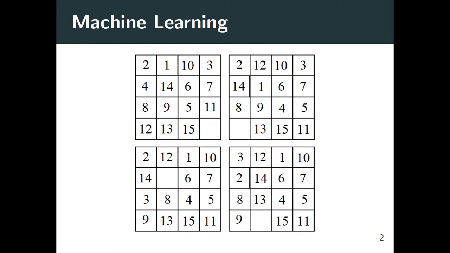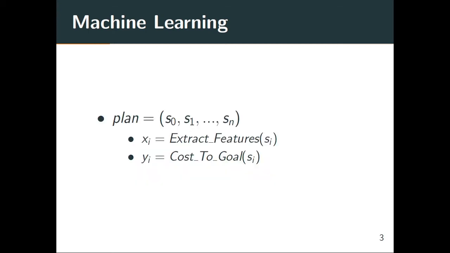For example, suppose you have a set of 15 puzzle tasks with different start states, and for each such task, you have a plan that gets you from the start state to the goal state. Given such a set of plans, we can then take each plan and for each plan iterate over the states of the plan, and for each state extract a set of relevant features as well as the corresponding cost to goal.